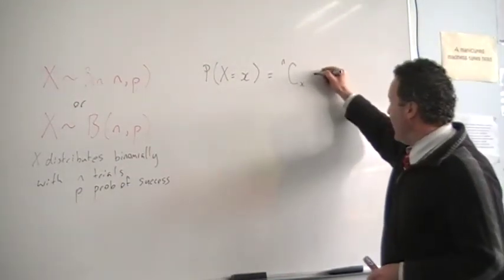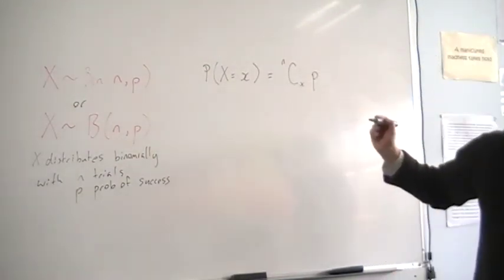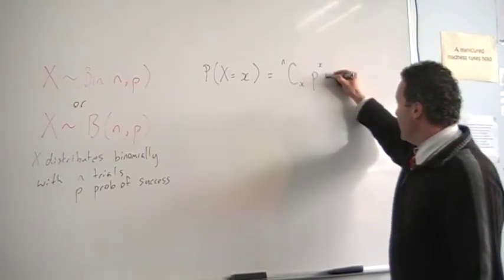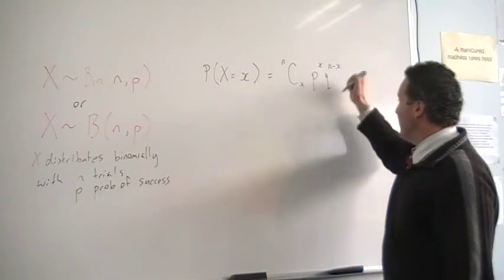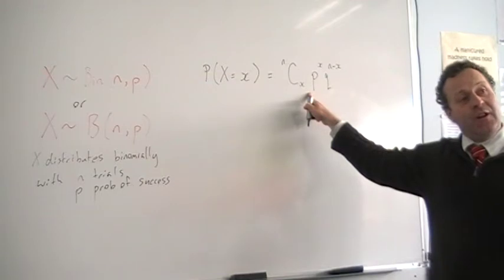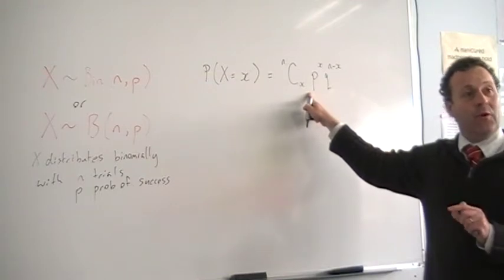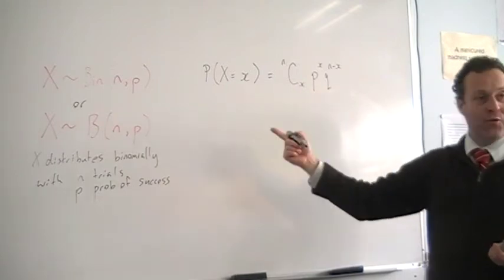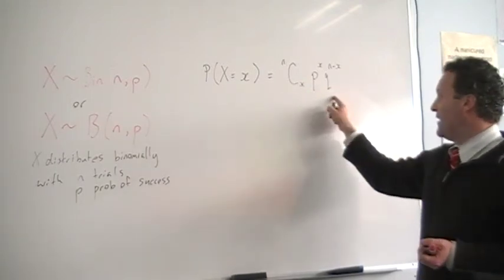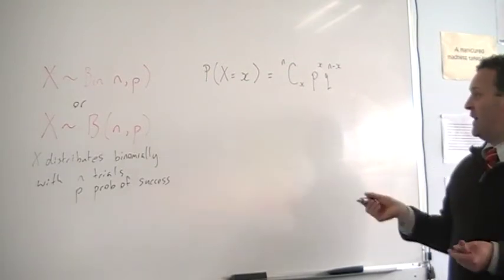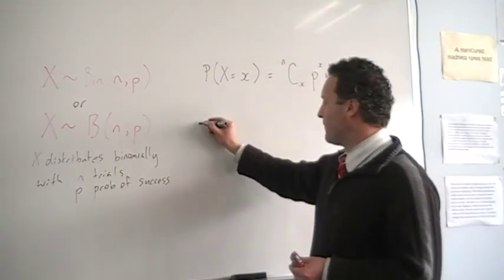It involves p to the x and q to the n minus x. We've seen this before, at the start of the year we called it the binomial theorem. Now we'll look at the binomial distribution, so it shouldn't be a surprise that this looks very similar to what we did at the start of the year. Looks complicated. Let's have a little example.